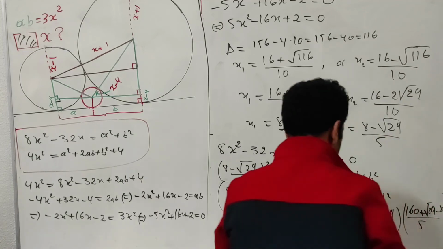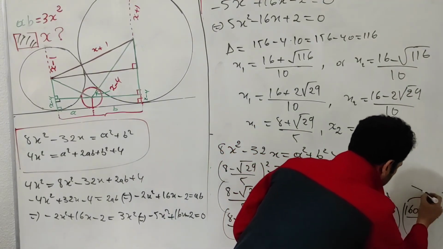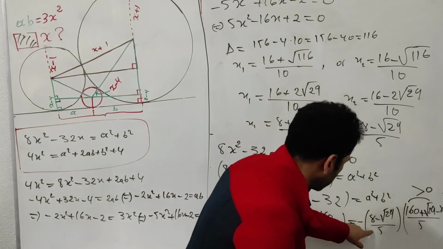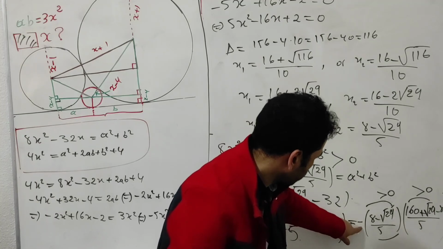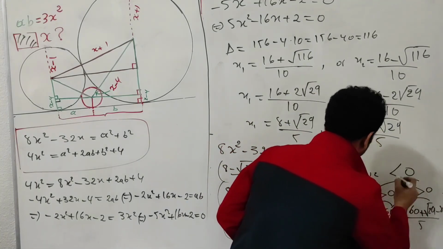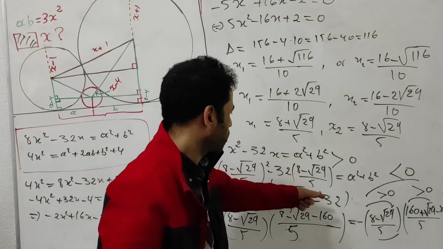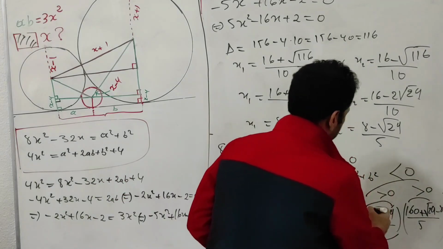Okay, this number is positive, this is positive, and this one is positive as well. We have a minus sign in the front, that means the whole term is negative, but we have this term equal to a square plus b square, which is positive, which is a contradiction.